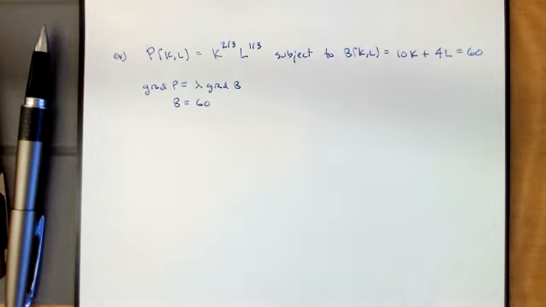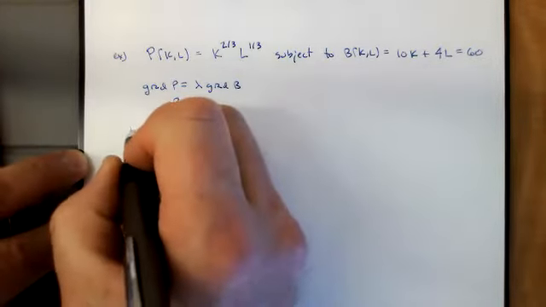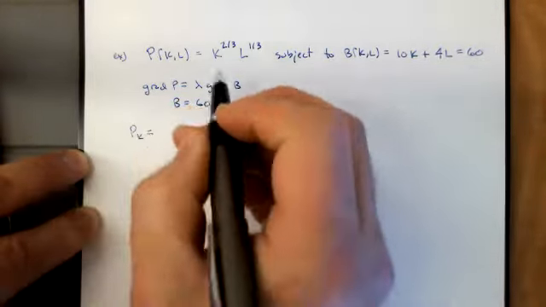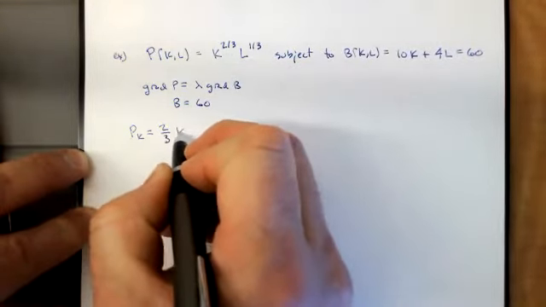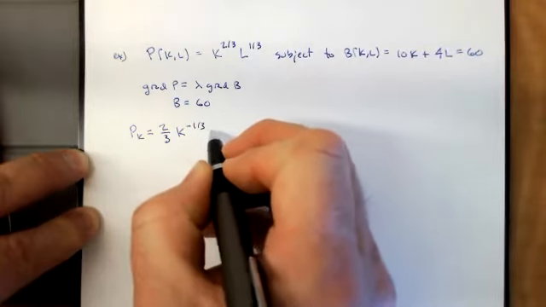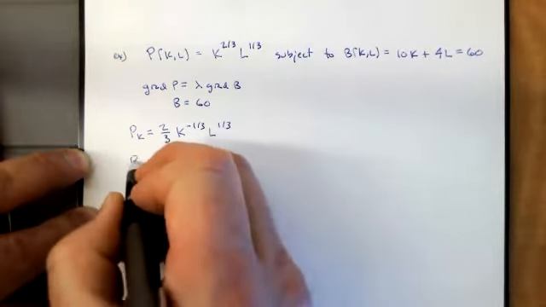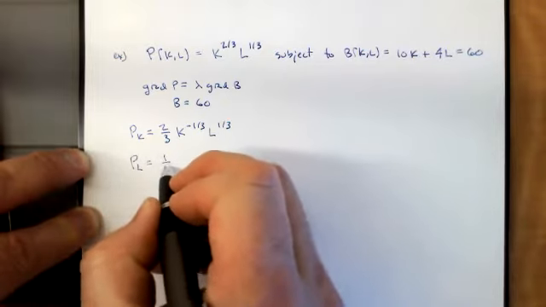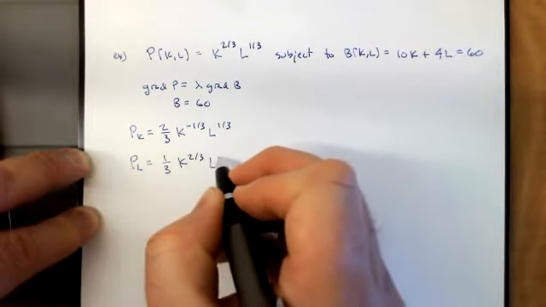This requires our first partials. So I need PK. The derivative with respect to K will be 2/3, K to the negative 1/3, L to the 1/3. And PL will be 1/3, K to the 2/3, L to the negative 1/3.